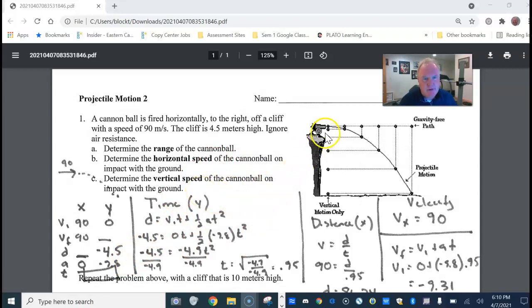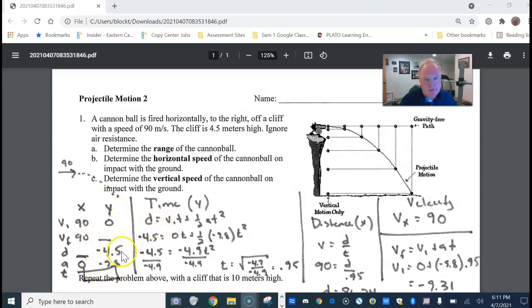All right, so our first column, find the time. Time is defined by the y direction. However fast gravity pulls it down will make a difference as to how long it's going to be flying this way. So we need to find the time, and we know that that's defined by the y. That means we're going to look at these variables here.